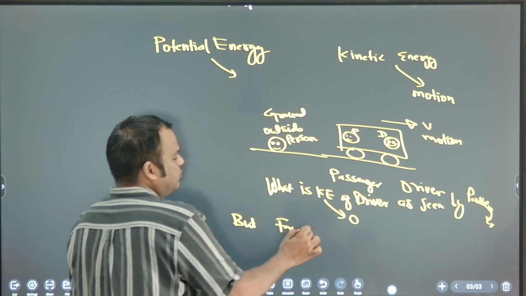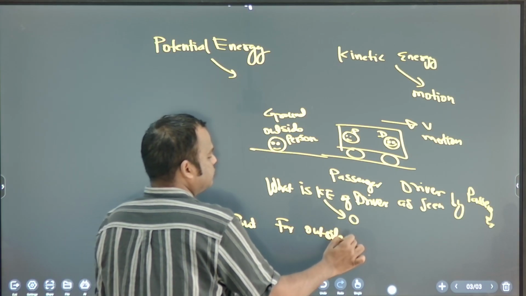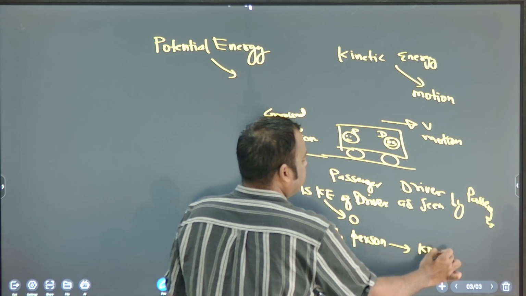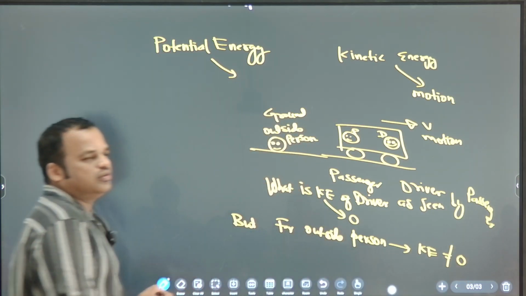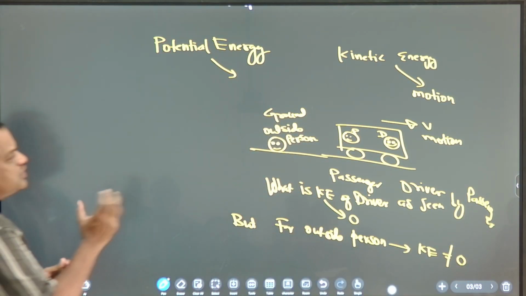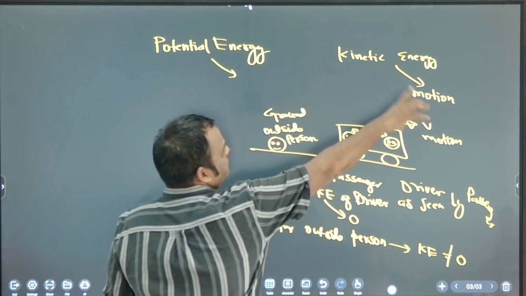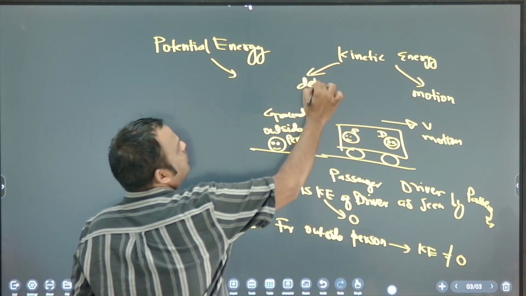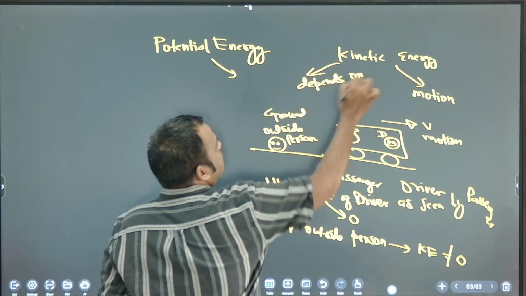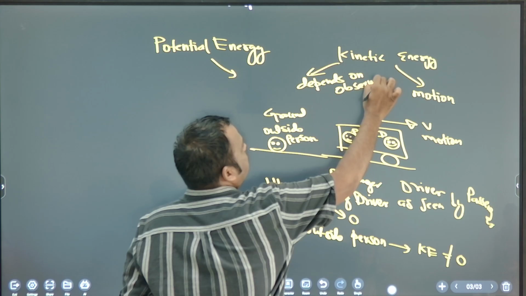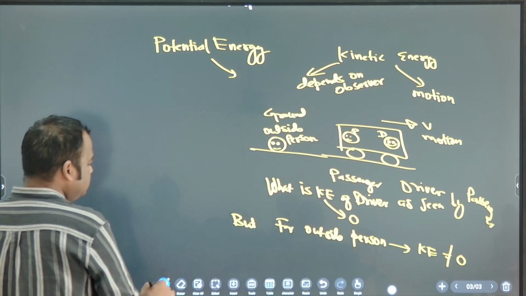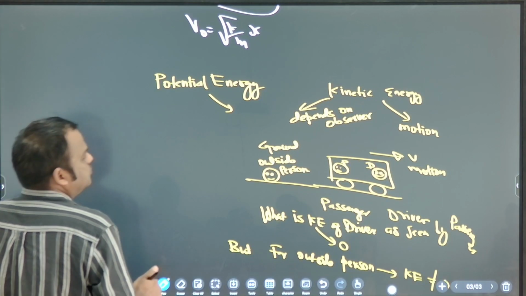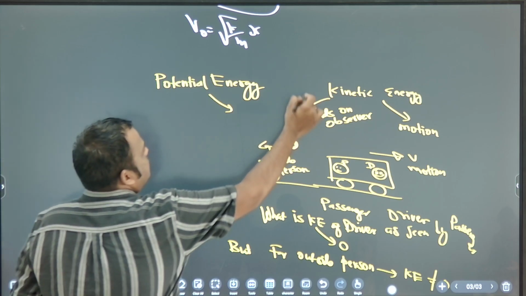Note down. For the outside person, kinetic energy is not 0. So kinetic energy depends on speed, on what speed you see. So it depends on the observer. Remember this. Kinetic energy depends on the observer. The formula is half m v square.